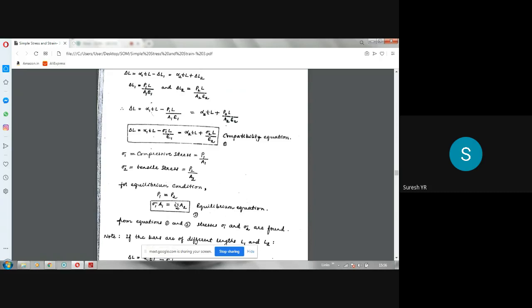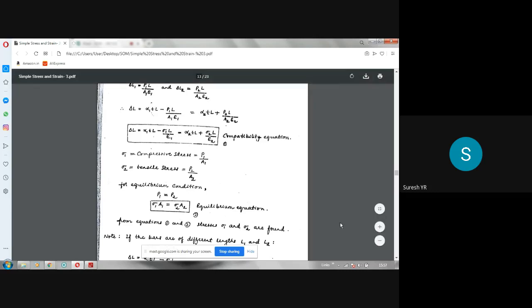The compatibility equation says that irrespective of the type of material in the compound bar, the elongation or contraction, that is the change in deformation, remains the same in both the bars. This is the equation for compatibility, and this is the equation for equilibrium. These two we have to write down.